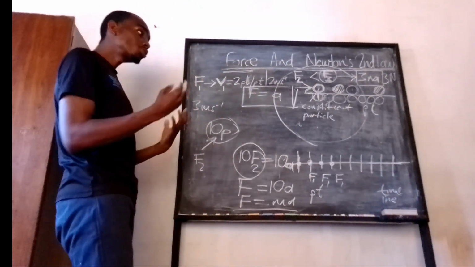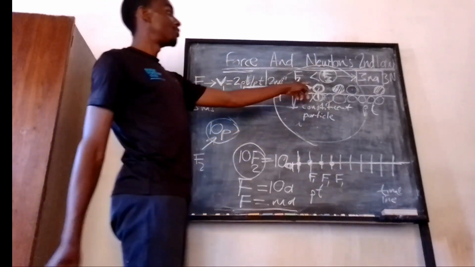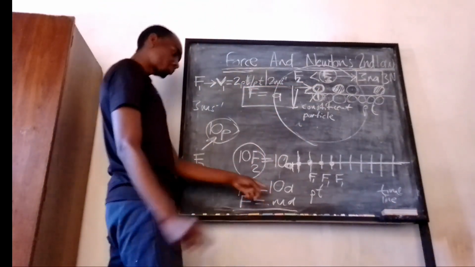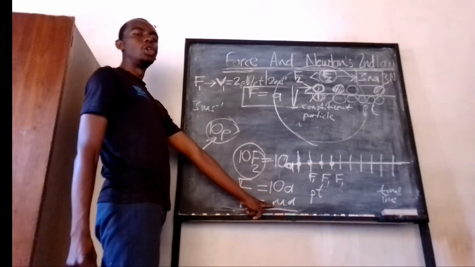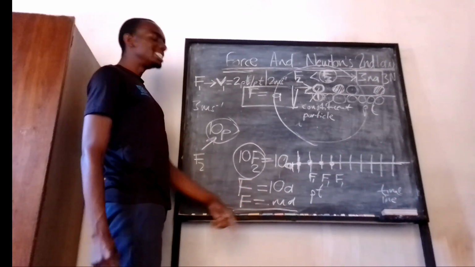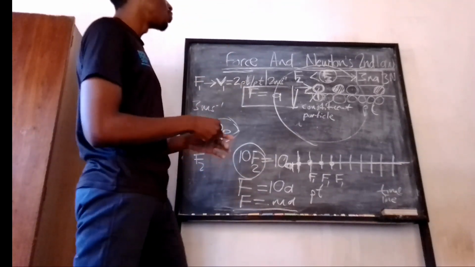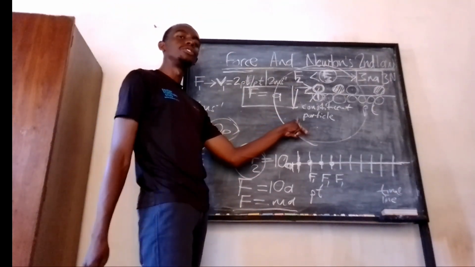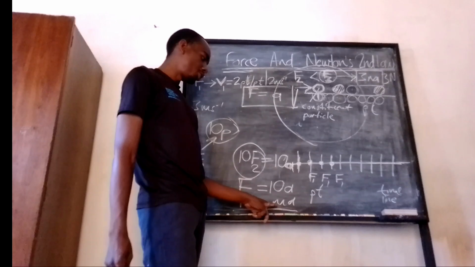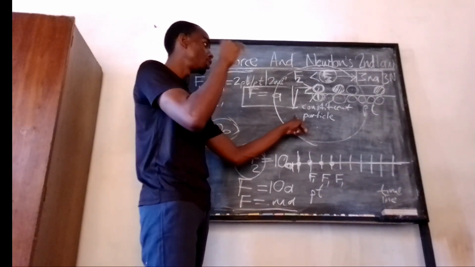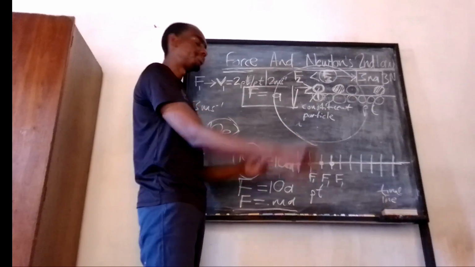Remember, I say the best way to understand this is by first working with one particle and then working our way up to m, a lot of particles. So m is really a number that represents the quantity of these constituent particles involved. Do not let it scare you. It's just a number that represents the number of the constituent particles involved.